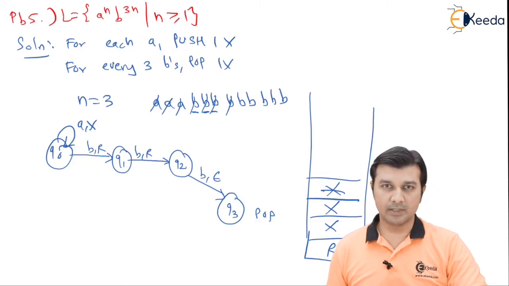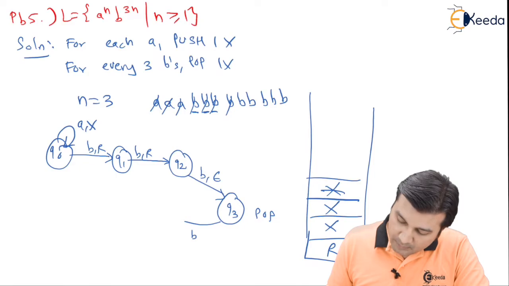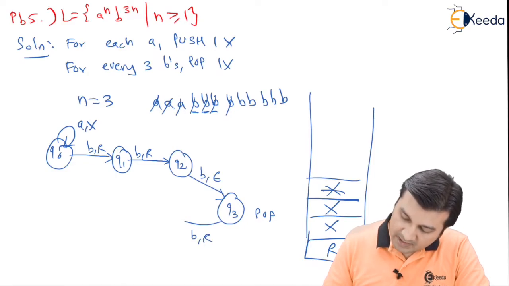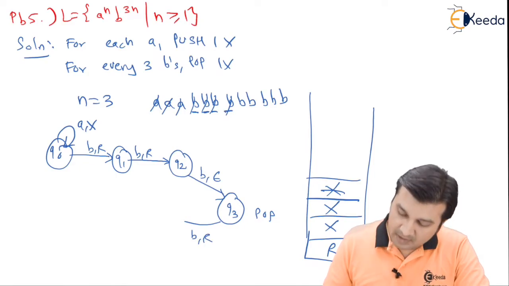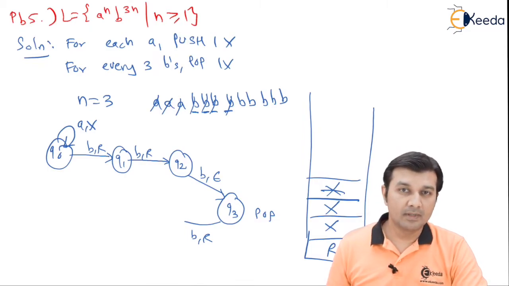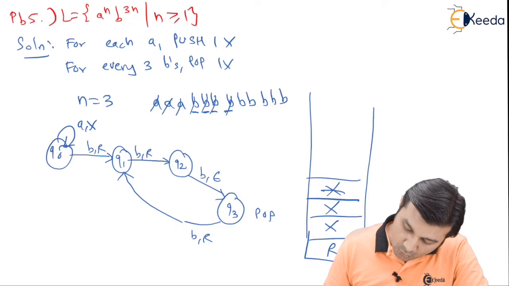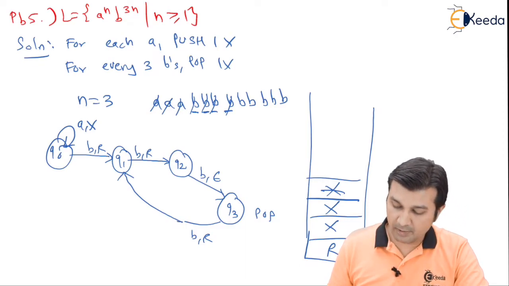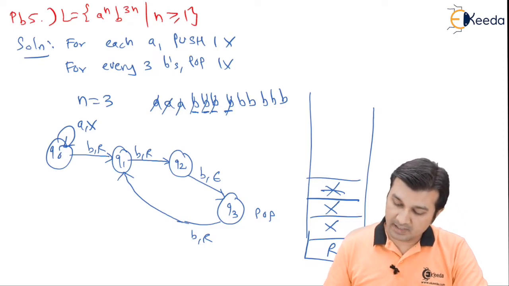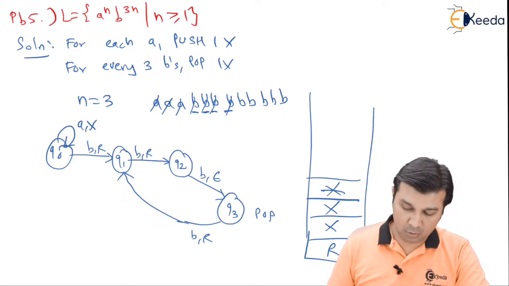Now the trick over here is, once Q2 is receiving the input symbol b, that is the first b I am talking of, I am going to say that we are reusing the state and taking it to state Q1. Now what am I basically doing over here? The moment I receive the first b, do not touch the stack but go to Q1.